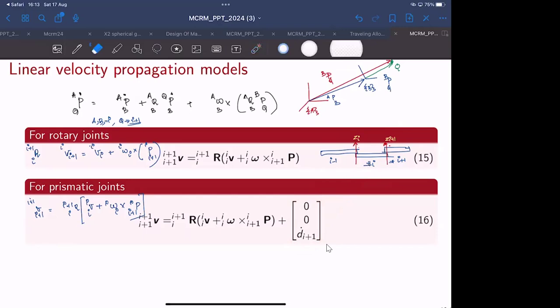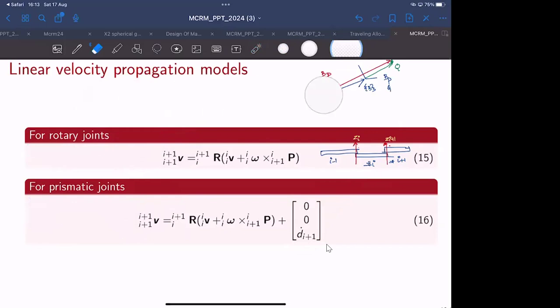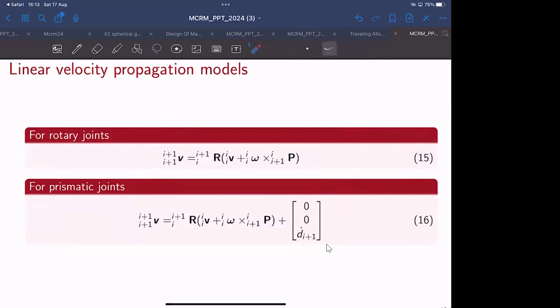And for the purposes of this course, you don't have to know how to derive these expressions. The only thing that matters is to remember these propagation equations: the linear velocity propagation for rotary joints and for prismatic joints, and the same for angular velocities.